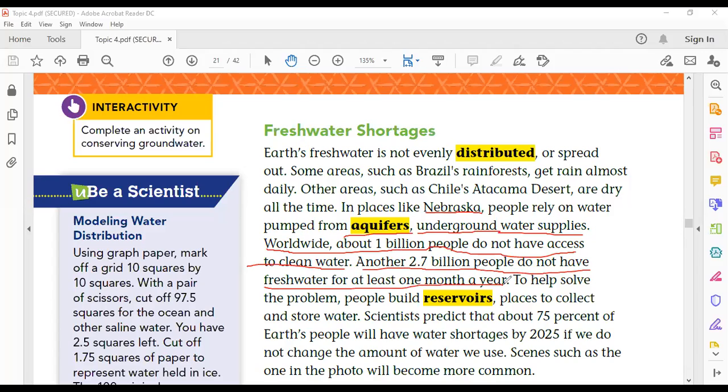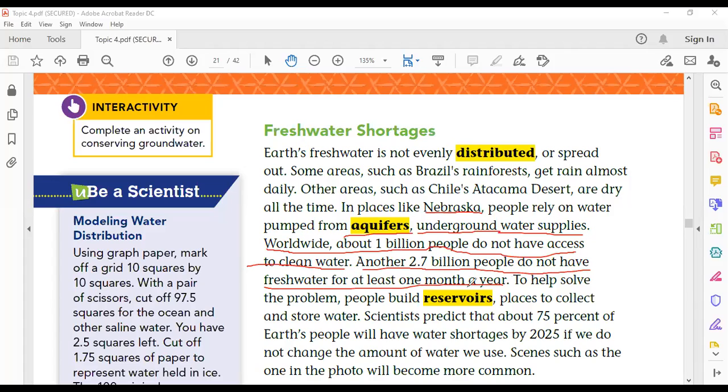That means they don't have water for 1 month. So there is a big problem. We really have a shortage. How will we live if we don't have any water?